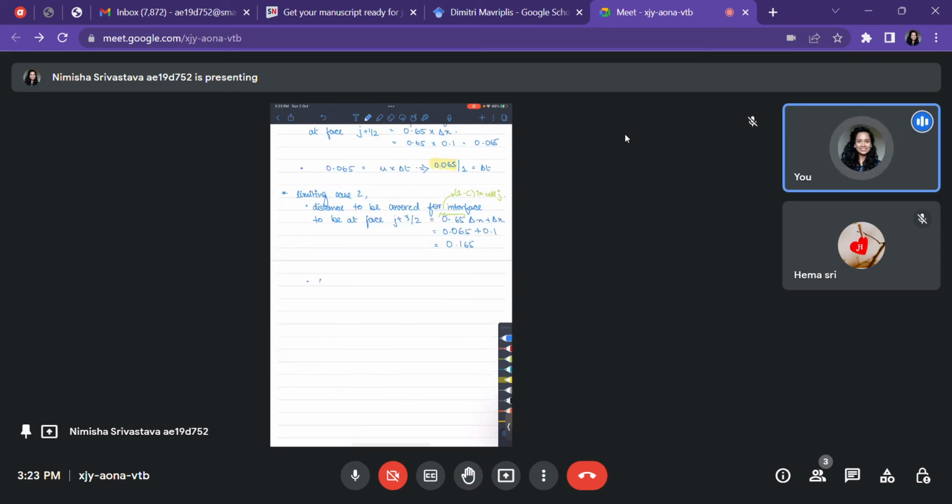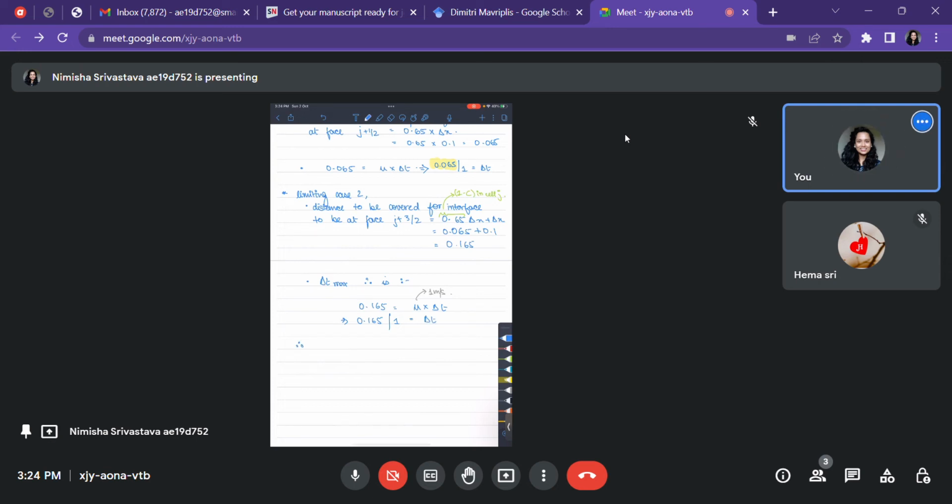Delta t max therefore is, 0.165 is equal to u into delta t by 1. u is equal to 1 meter per second. This is delta t.